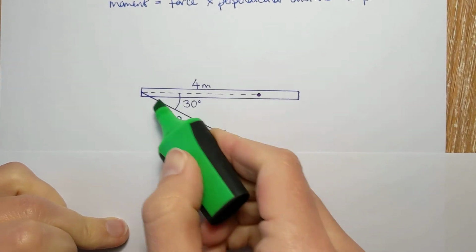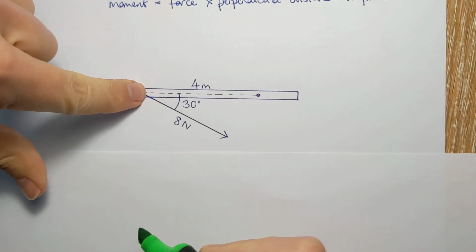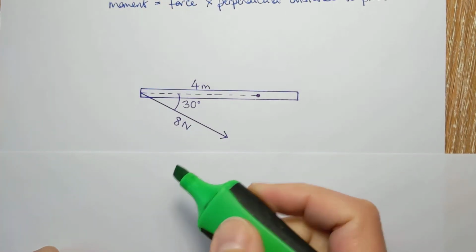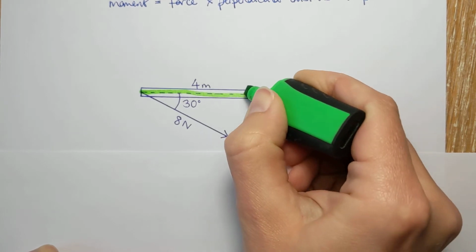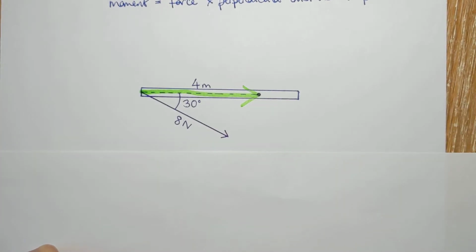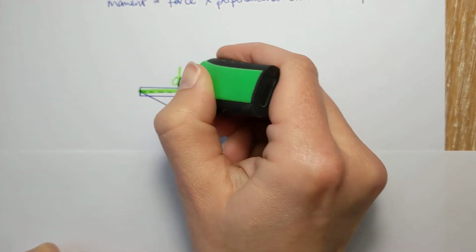So here's my force, and it's the place on the bar where it's actually pushing is there. So I draw from there to the point that we're interested in. So that is my displacement vector.